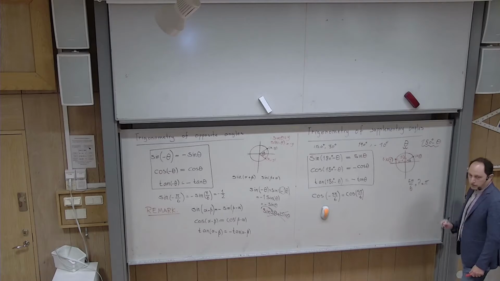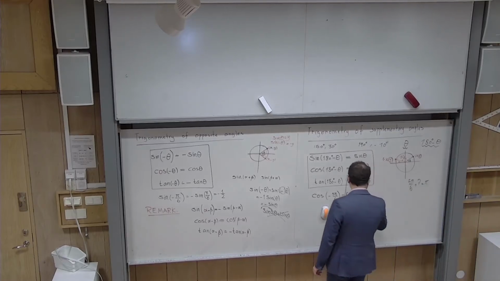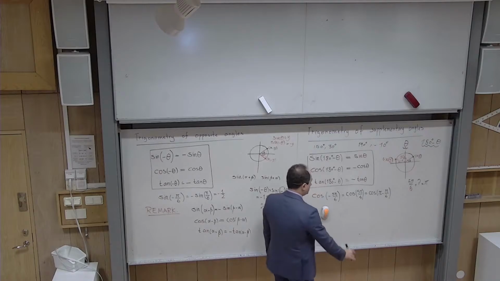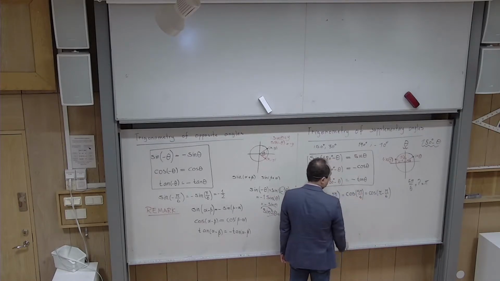So what is the question mark? Yes, pi over 6. So this becomes equal to cosine of pi minus pi over 6. Do you agree? Because there is no difference between pi minus pi over 6 and 5 pi over 6.